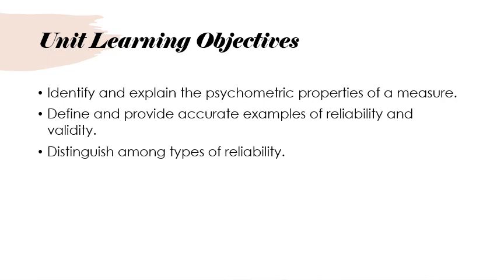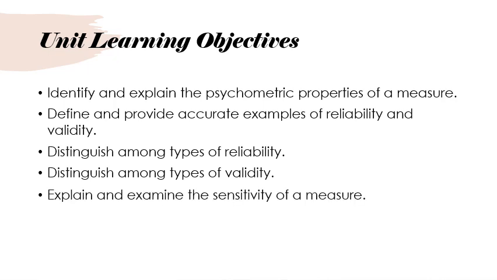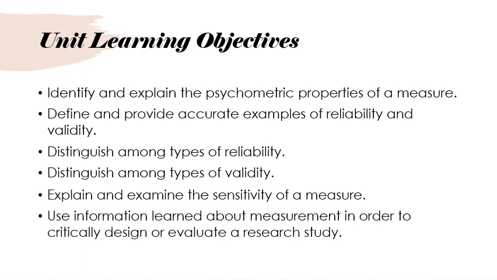I want you to be able to distinguish among the different types of reliability, and among different types of validity. I want you to be able to explain and examine the sensitivity of a measure. And then, most importantly, I want you to be able to use information that you learn about measurement in order to critically design or evaluate a research study.